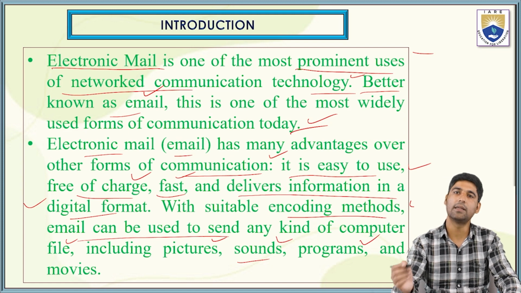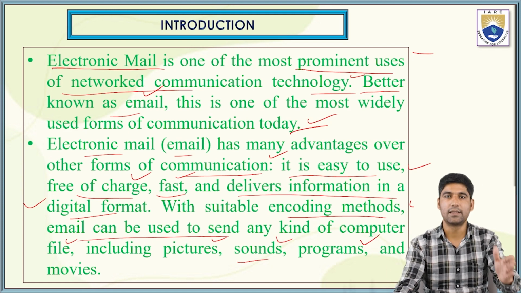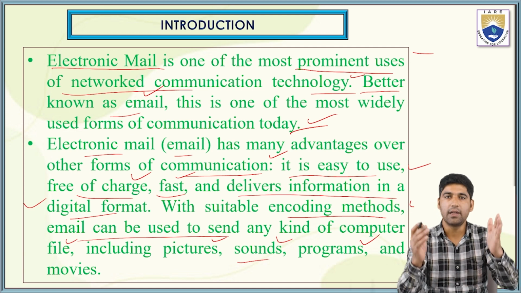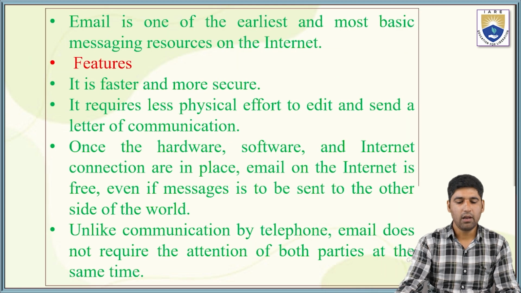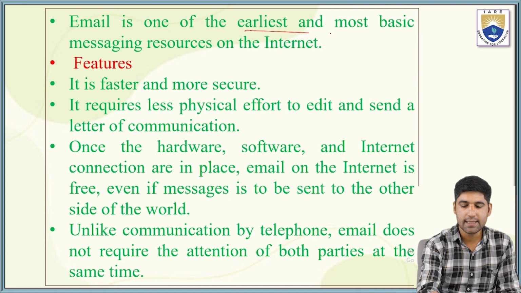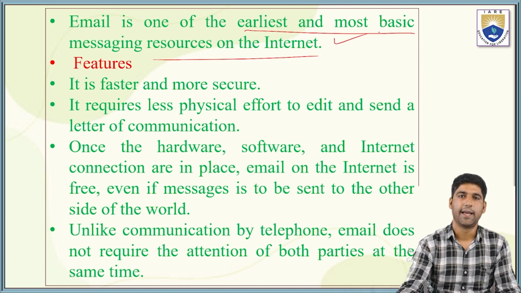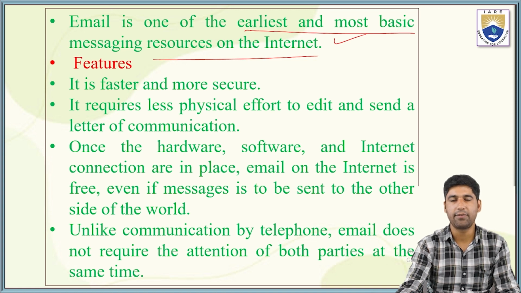It's not only the written content, letters or words or sentences only. No, it's wider in its scope. Email is one of the earliest and most basic messaging resources on the internet. If I am correct, it started in 1956, most probably.